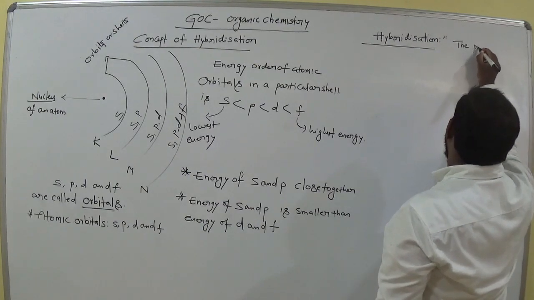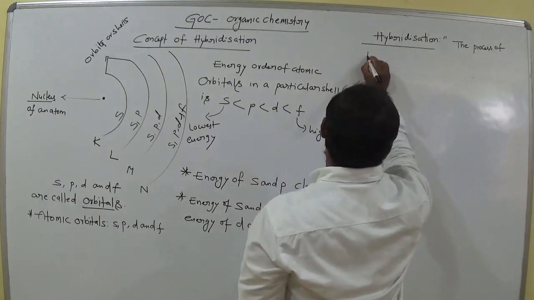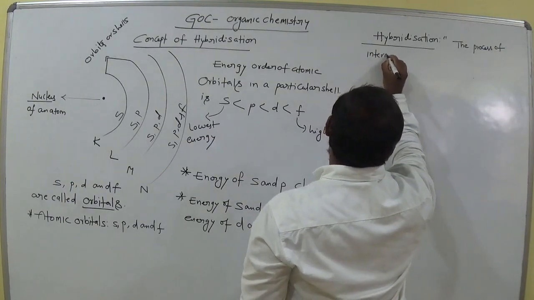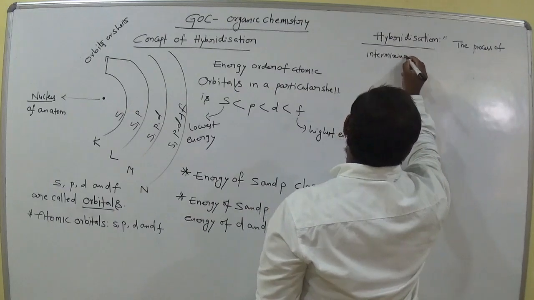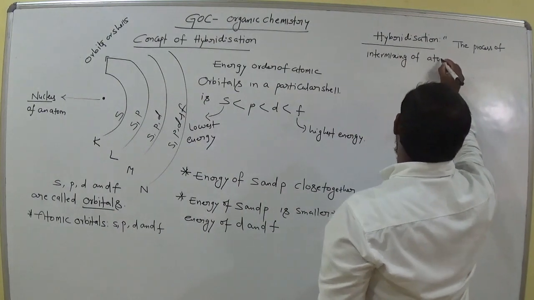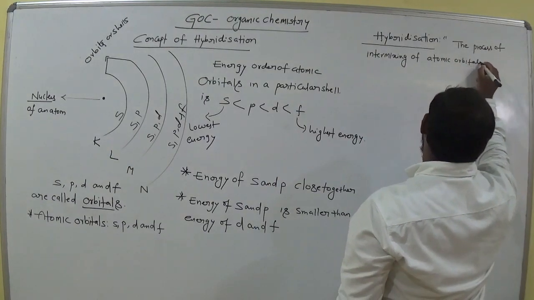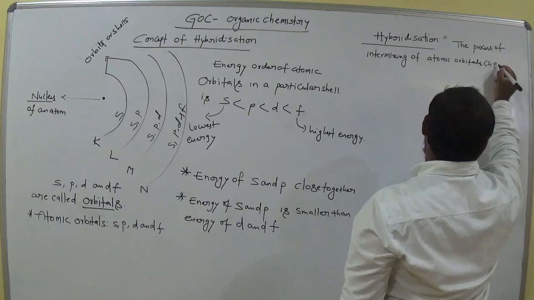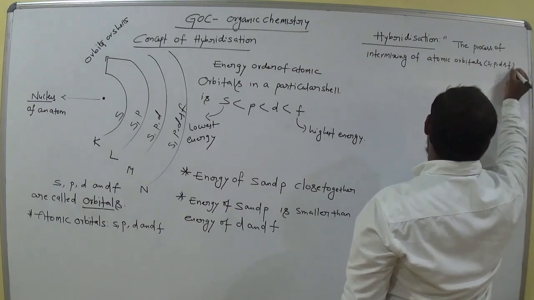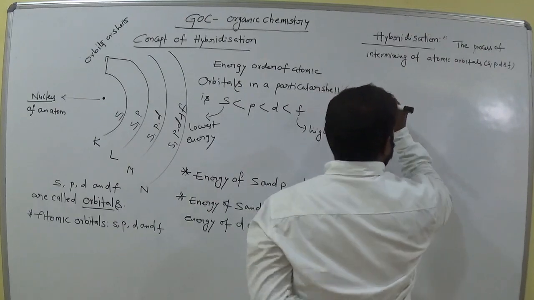The process of intermixing of atomic orbitals, that means S, P, D and F.